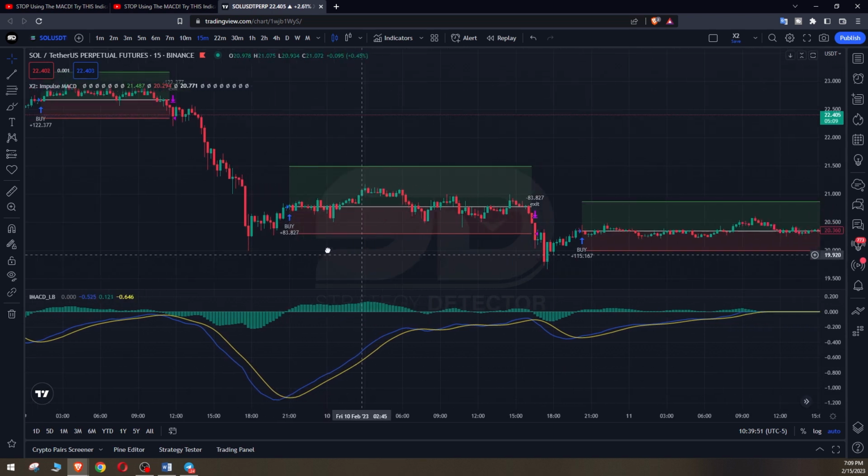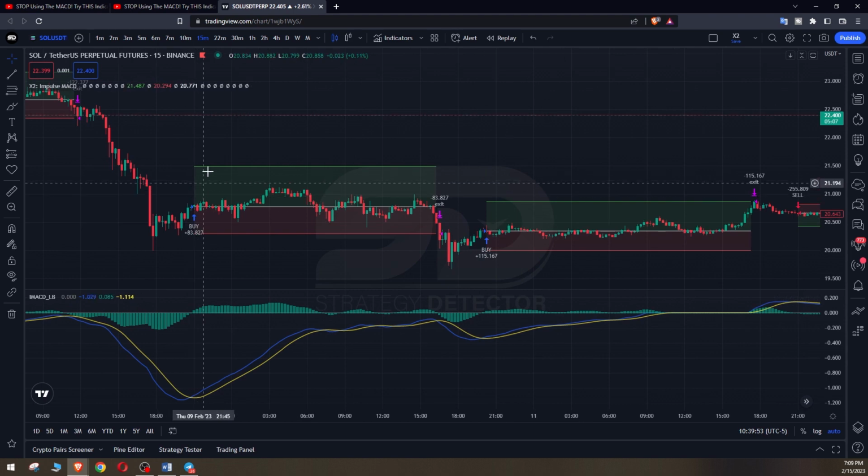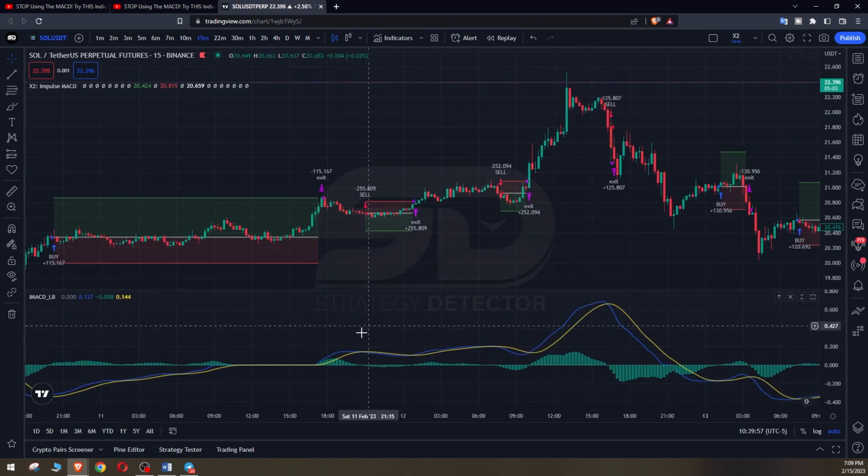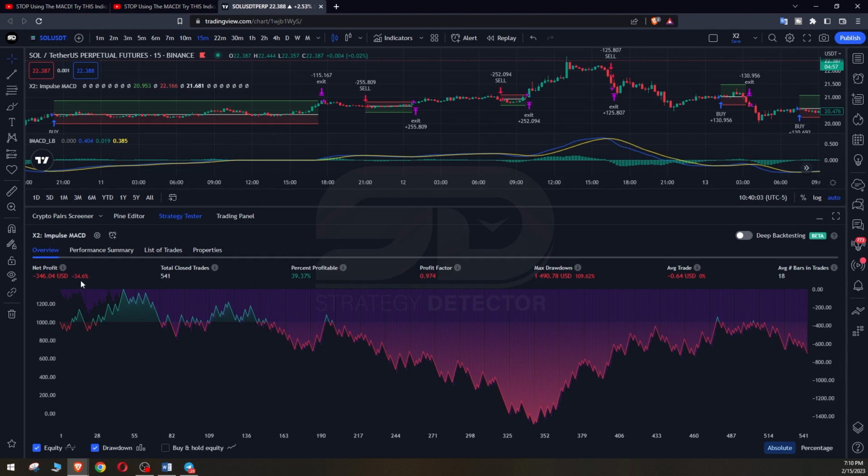The crossover is below zero line and it takes a long position. And for short position, here our cross under is above zero line, then it enters a short position. You see the result is a little better, but it's still an unprofitable strategy. In 15 minutes time frame, it has checked 541 trades and we have lost as a result again.